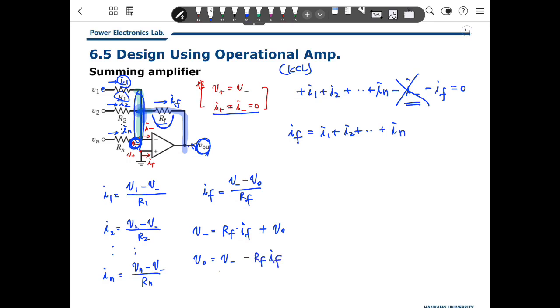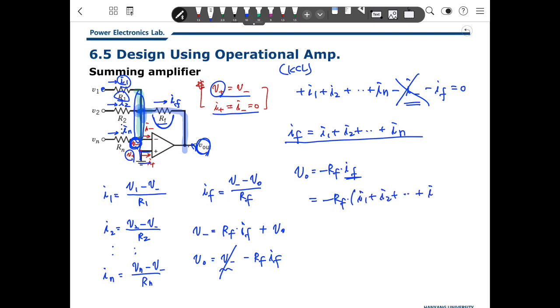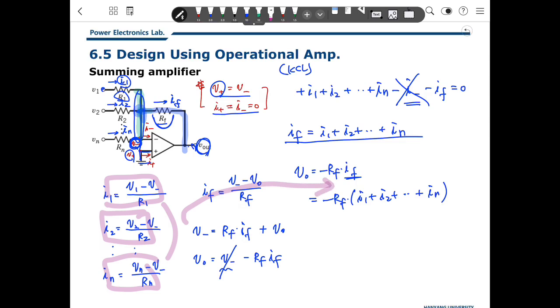And we know that V negative here is the same as V positive. V positive is 0, so this is 0. So V out is minus RF and IF. Then IF can be replaced with this current: minus RF times I1 plus I2 plus IN.